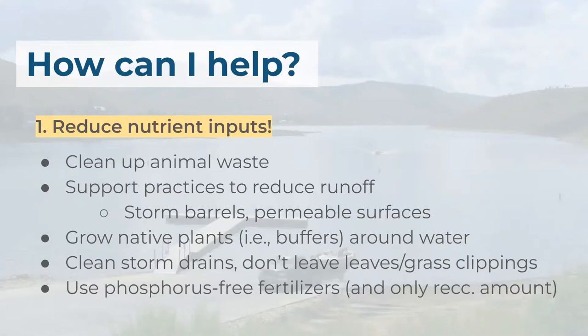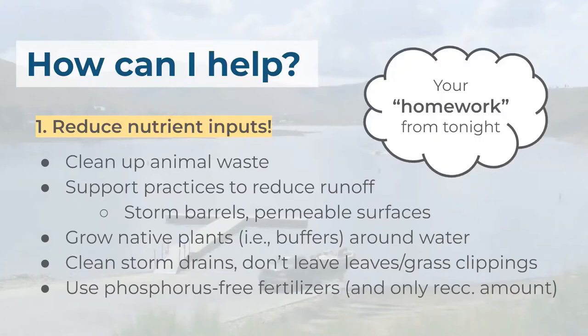So that's just a list of ideas. And my homework assignment for you tonight is, again, to think about these, to think if there's these or other ideas that you can do to reduce your nutrient input, maybe share with neighbors and friends so that we can start reducing those non-point sources of nutrients and reducing the potential and the driving mechanism of these harmful algal bloom events.